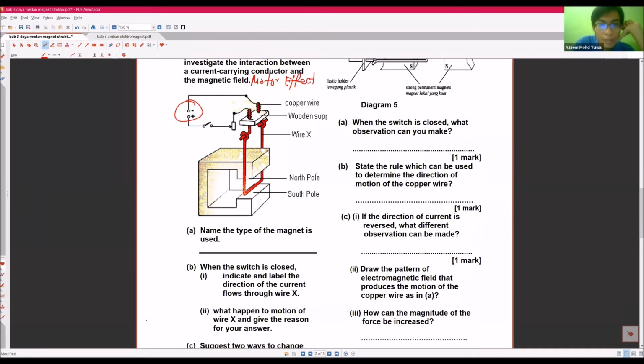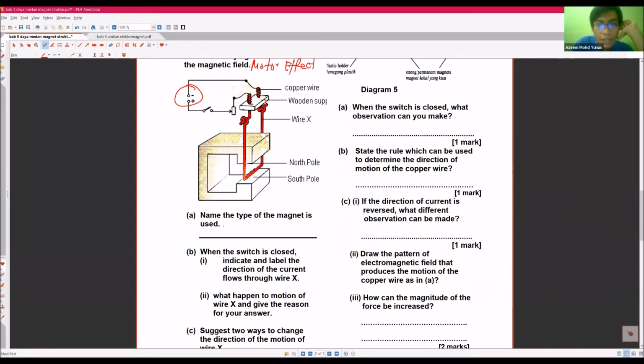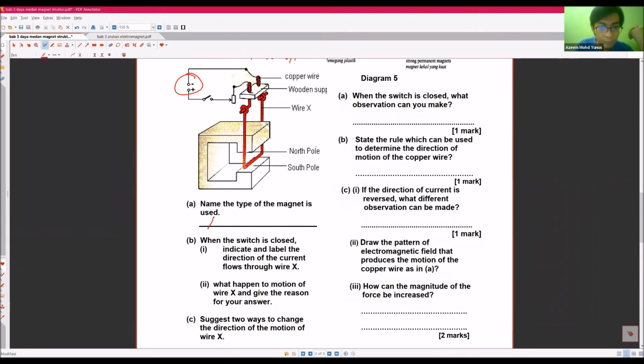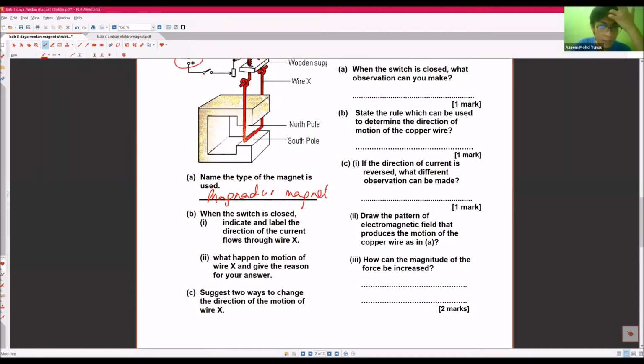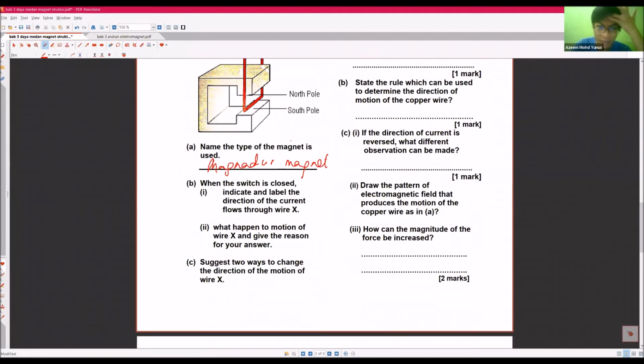What type of magnet is used? Permanent magnet, or C-shaped magnet, whatever, it doesn't matter. Don't put electromagnet or something else.